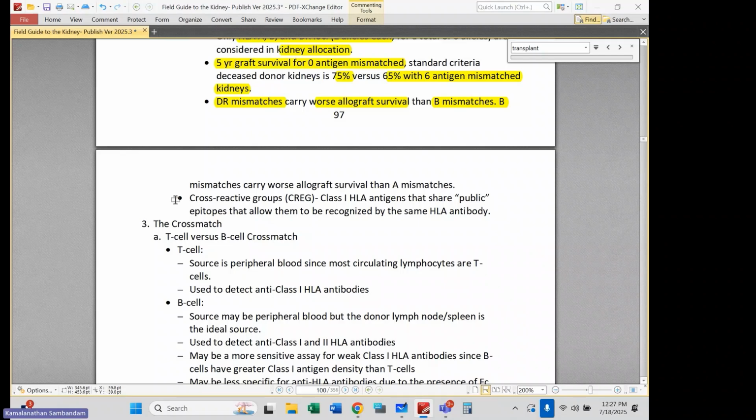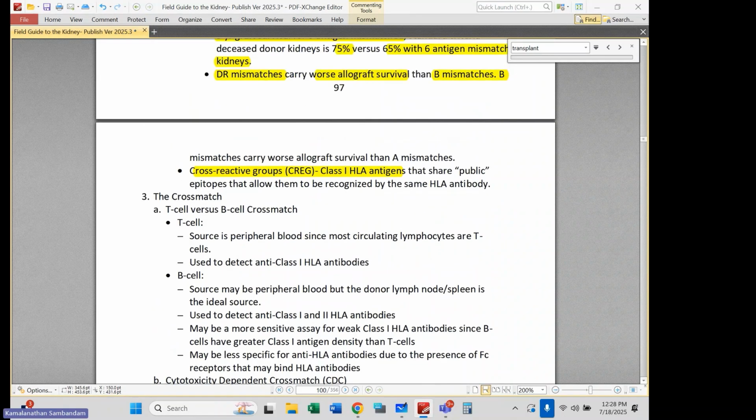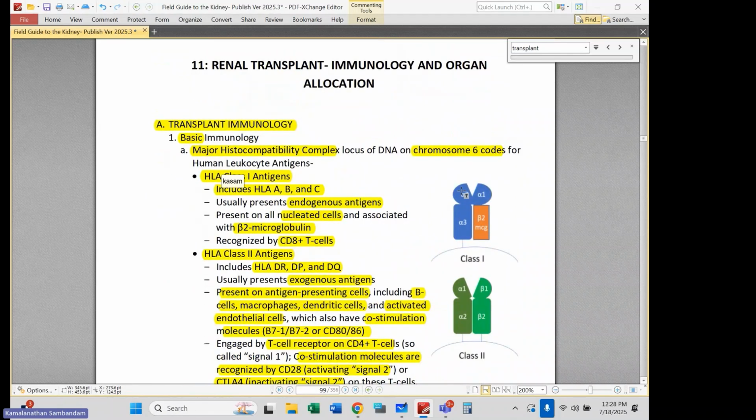Okay. All right. There is this historically significant concept of cross-reactive groups, okay, it describes portions of HLA molecules which are called public epitopes, okay? So some of these class 1 molecules, which are coded again by alleles on chromosome 6, some of them have common features, okay?